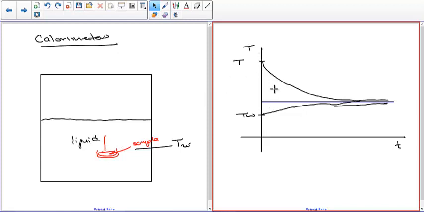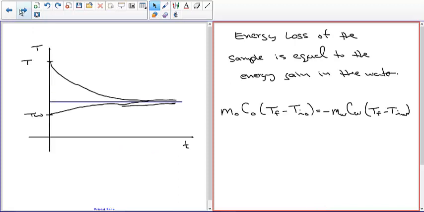And we know these three temperatures, and so basically you have this result. O stands for object, W stands for water, C stands for specific heat, I is the initial temperature of the object and the initial temperature of the water, and then the final temperature is the same for both substances.